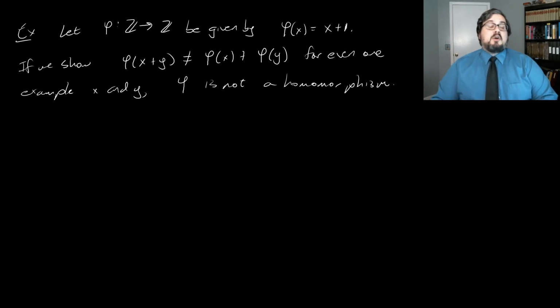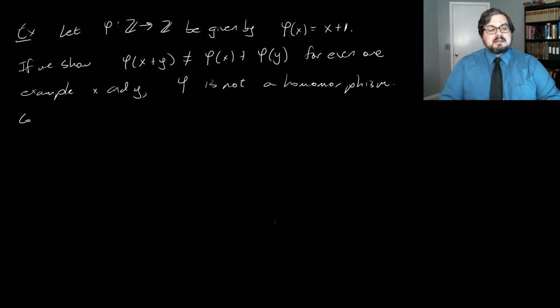In this way, being a homomorphism is a bit of a fragile condition in that if even one pair of x and y make this equation not an equation, then phi is not a homomorphism. So let's try doing that. Let's just try picking two random numbers, evaluating phi of x plus y and then phi of x and phi of y, and seeing whether we get an inequality here.